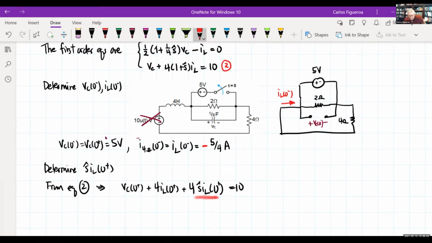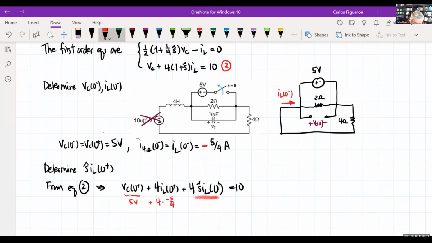Okay. So now what I'm going to do here is that I got to move this to the other side here. So look what I got. This guy right here is 5 volts. This guy is 4 times minus 5 over 4.